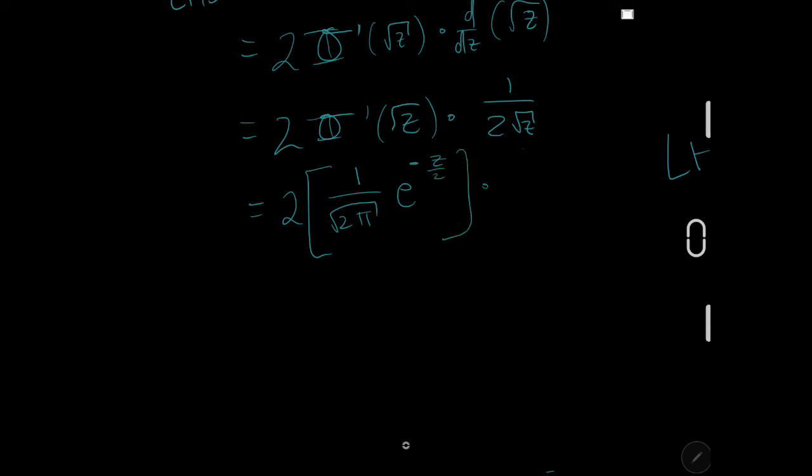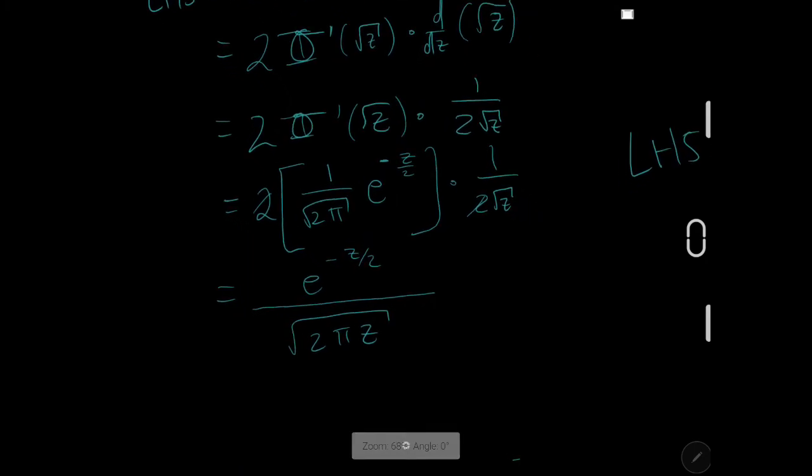And then we multiply by 1 over 2 root z, and some awesome things happen. This 2 cancels with that 2. We are left with e to the minus z over 2, and all of that over root 2 pi z. So this square root and that square root, you combine them.